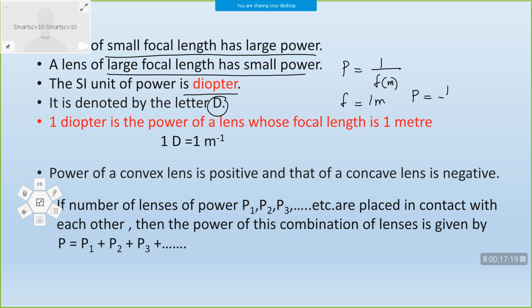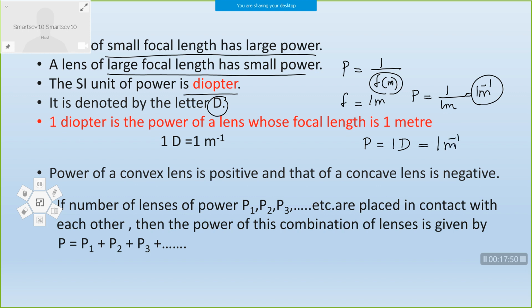Power is equal to 1 by 1 meter. When the meter goes to the numerator, it becomes meter inverse. So 1 meter inverse is known as 1 diopter. So when focal length is 1 meter, then power is equal to 1 diopter. So 1 diopter is equal to 1 meter inverse.